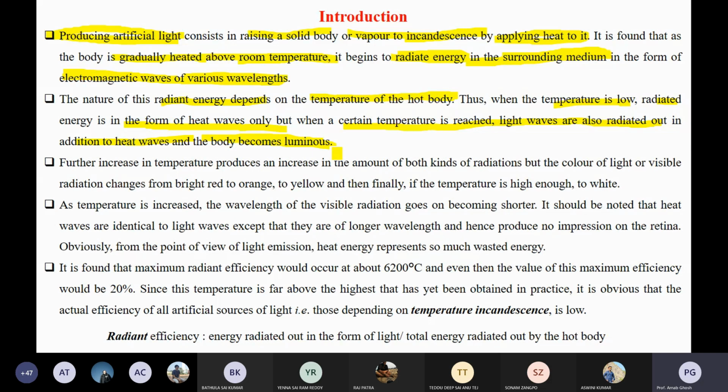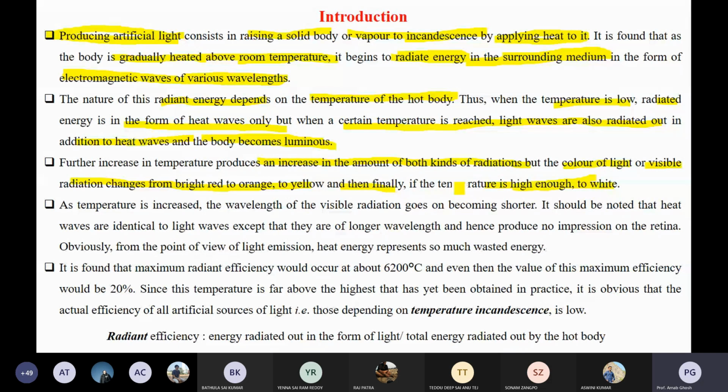It should be noted that heat waves are identical to light waves, except they have a longer wavelength and hence produce no impression on the retina. So if the wavelength is longer, there will be no impression on the retina. Basically, it is out of the range of our sight.